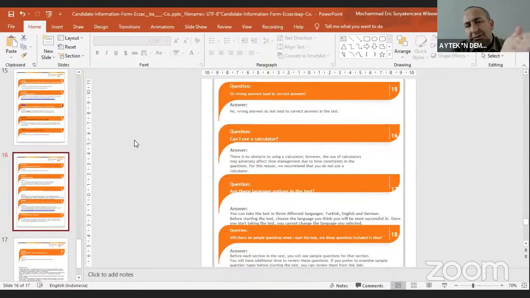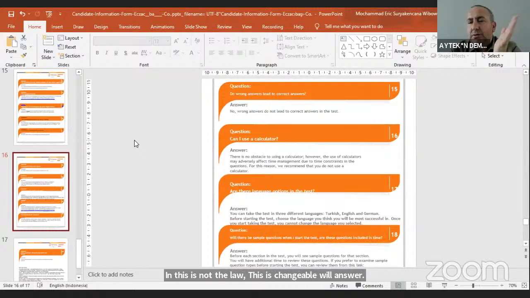Nadila, this is a changeable answer. Each company wants to select the candidates for their own purpose.